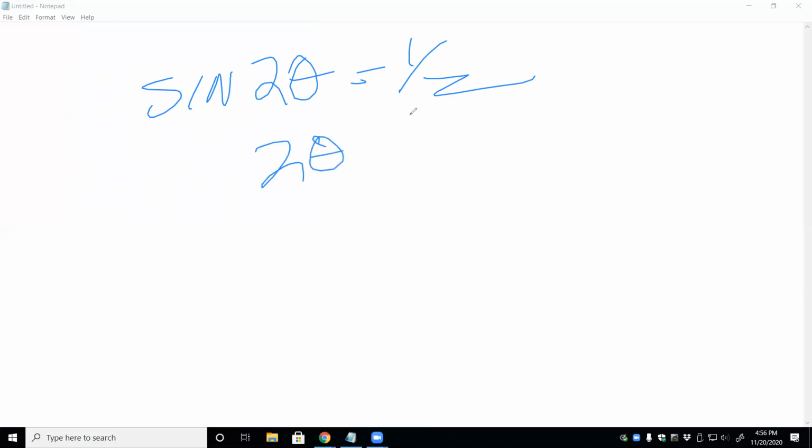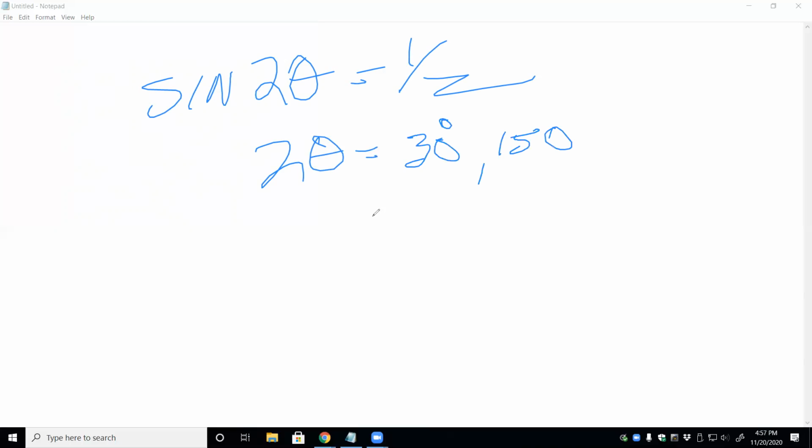That's why, let's just take a real easy one here. Give all solutions to that. Okay? Well, if I take the inverse sine of both sides, I get 2 theta is equal to, let's see, 30 degrees and 150 degrees.